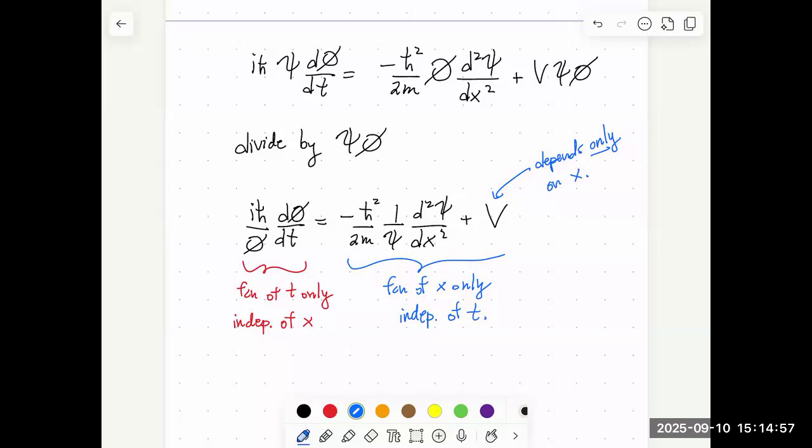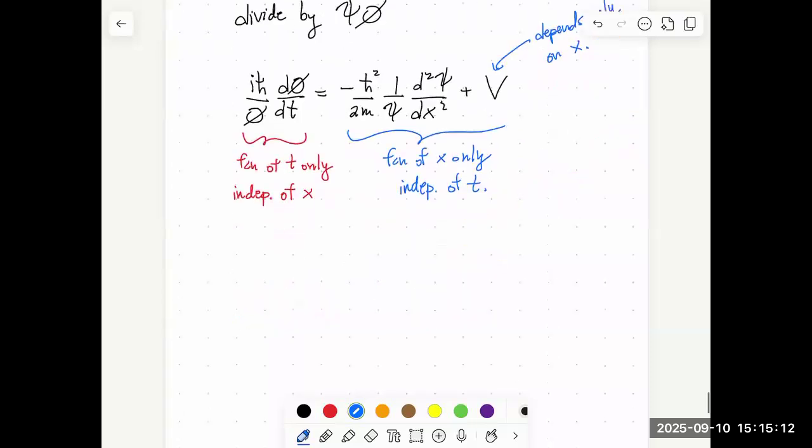But if I sit at the same position, this is the same constant. So the only way this equality can hold is if both of these are equal to the same constant. That's part of the heart of this separation of variables technique. And it's the reason that we divided by that product, so that we could move all time dependence to one side and all position dependence to the other side.